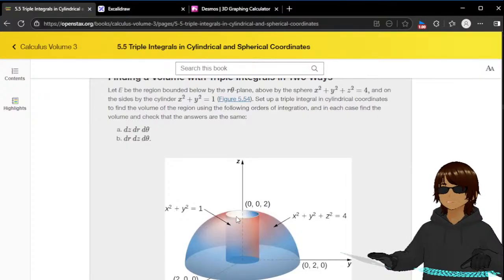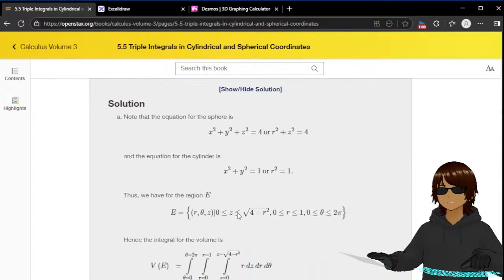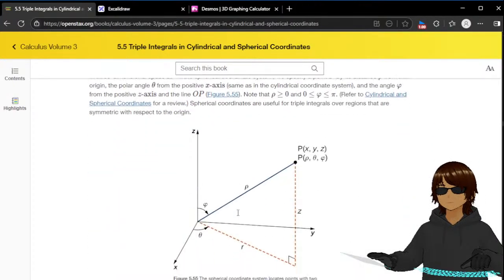But the top is covered by the sphere. The top is not straight. That's what I understand. Above by the sphere and on the sides by the cylinder. Okay, side is by the cylinder, the above is by the sphere. Okay, then I understand.